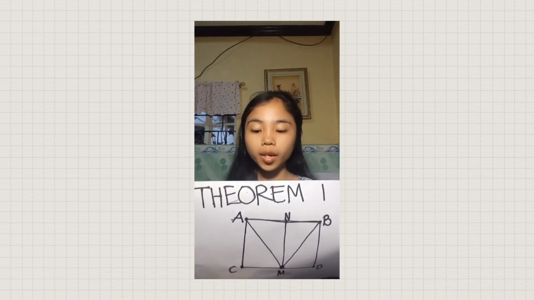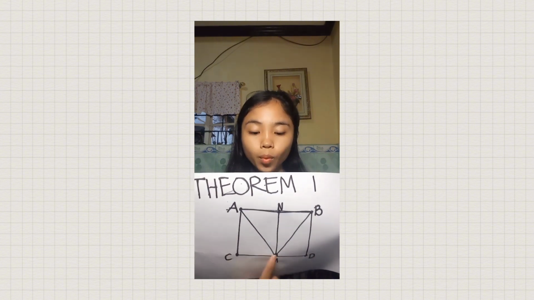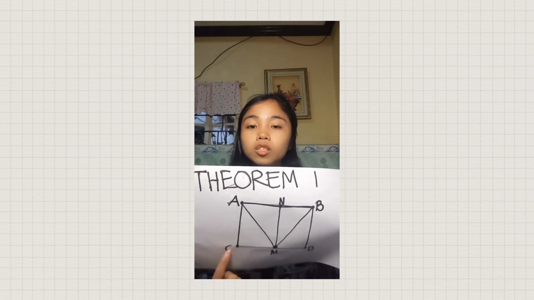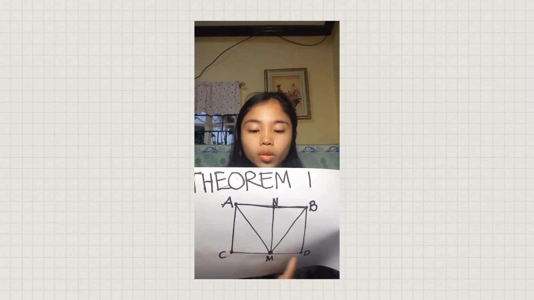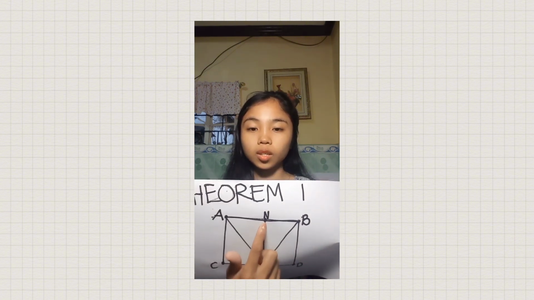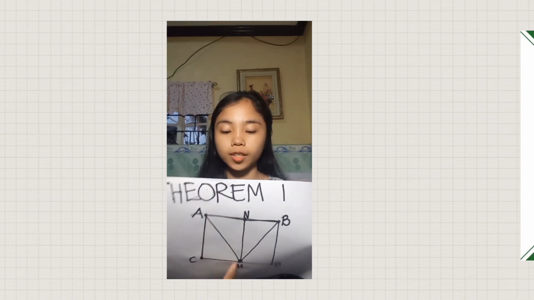Again, in theorem 1, the segment joining the midpoints of the base and the summit is perpendicular to both. This is perpendicular to this, and this is perpendicular to this.